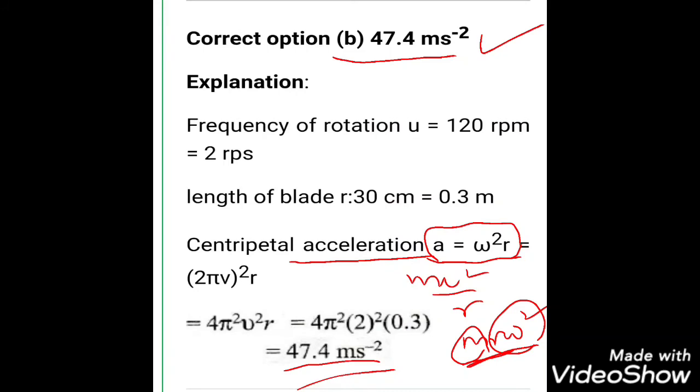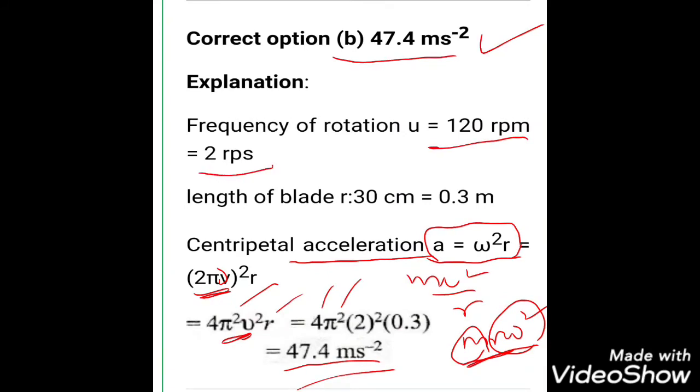Here omega I want to find out. What do you mean by omega? That is 2 pi nu, where nu means frequency. 2 pi nu whole square means 4 pi square nu square, into r. So 4 pi square, nu means frequency. They have given 120 rotations per minute. I want to convert into rotations per second.